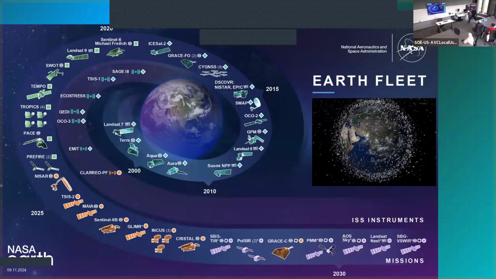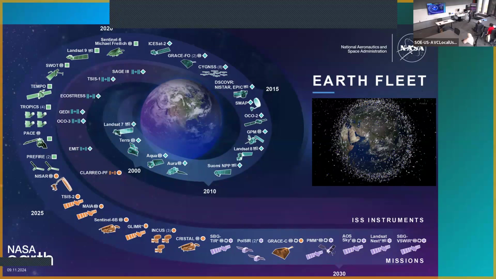So if we see, there are a lot of satellites moving around the earth and providing us a huge amount of data. For example, this image is taken on 9/11/2024, which shows only the NASA satellite missions, which give huge information for Earth monitoring.